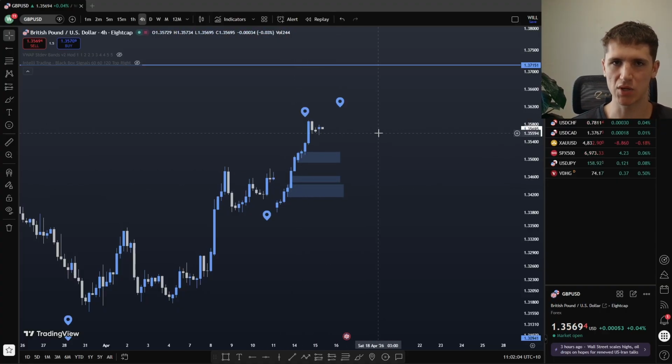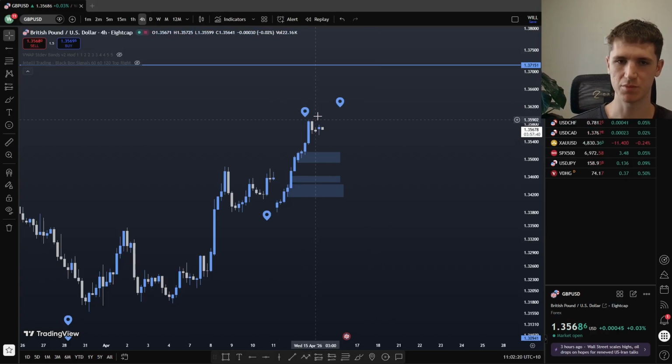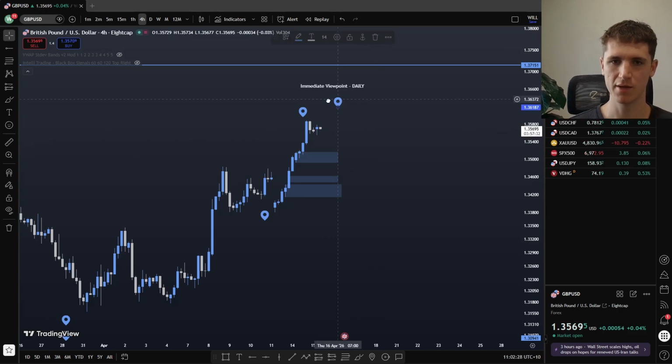Ideally we want to be taking buys in line with overall market structure, but price is most likely going to retrace from here, and we're going to take advantage of that. So if it does, let's be ready for it. Sometimes price doesn't, and you actually see just some consolidation here and price pushes up higher. But either way, you're going to be ready for price action to do its thing.